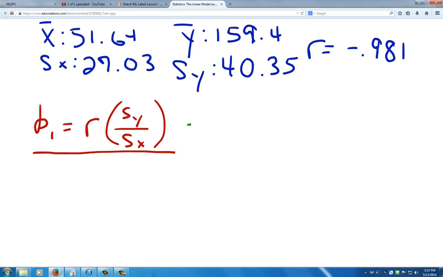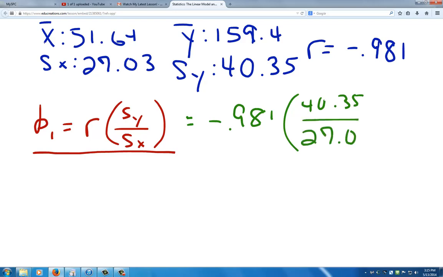By plugging in our values, we get the following. Negative 0.981 times 40.35 divided by 27.03. When we calculate this, our result is negative 1.46. That's our slope.